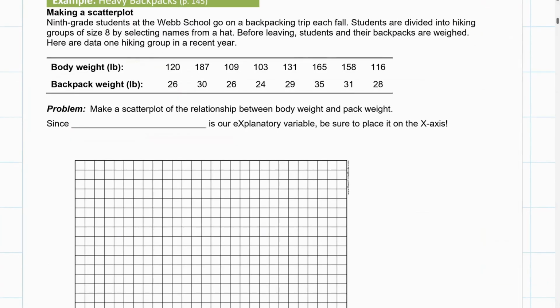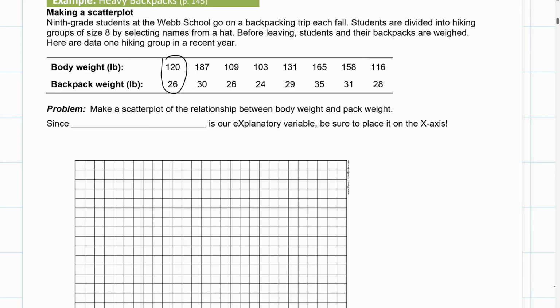Let's see this in practice. Ninth grade students at Webb School go on a backpacking trip each fall, and students are divided into hiking groups of size 8 by selecting names from a hat before leaving. Students and their backpacks are weighed. Here are the data from one recent year. So we have a student who weighs 120 pounds, and their backpack weight is 26 pounds, and so on.